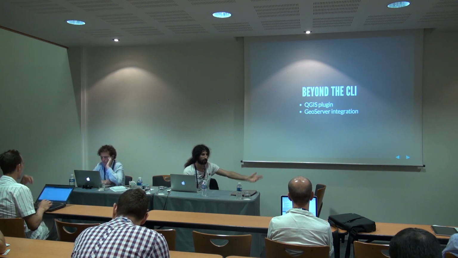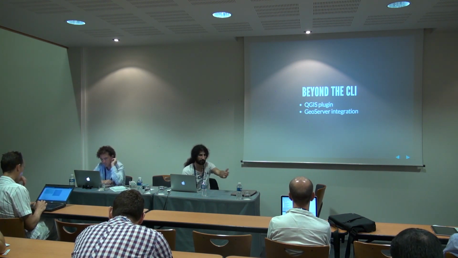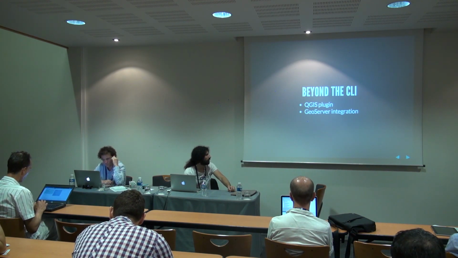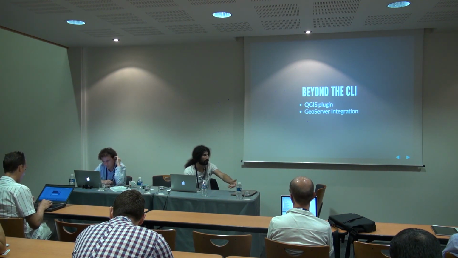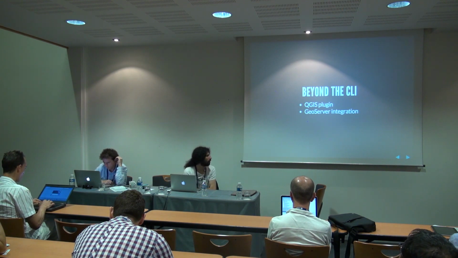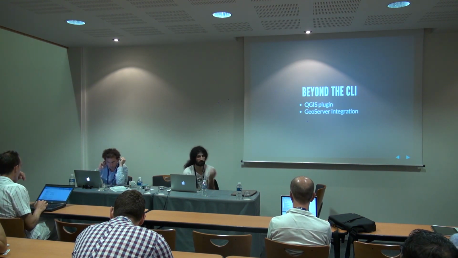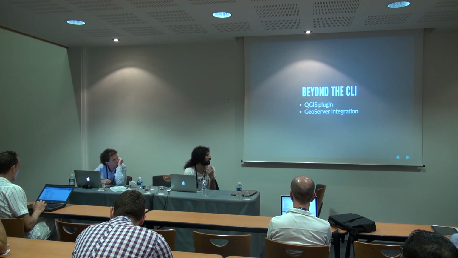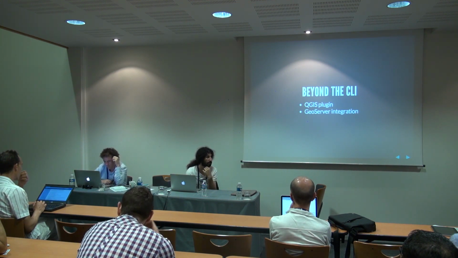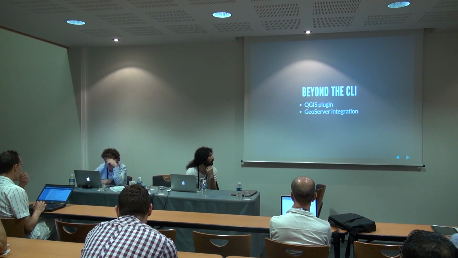Most users don't like the command line, and in the case of Git, even if it's targeted at programmers, you have several interfaces, a lot of graphical user interfaces for people that can version their source code. So we're just trying to do the same, but for GeoGit, and we are based on QGIS, because it's easy to add a new plugin, and also we get some extra capabilities by relying on QGIS.